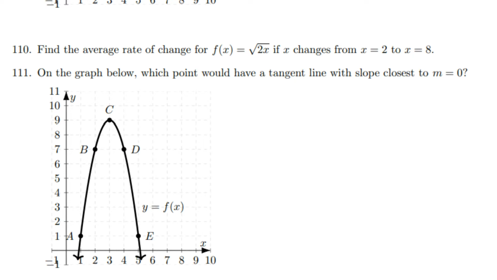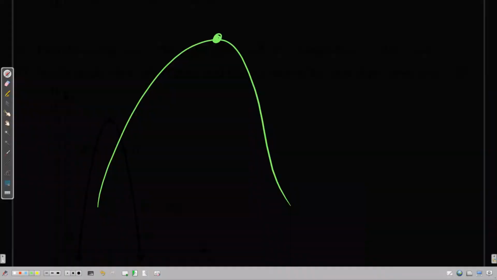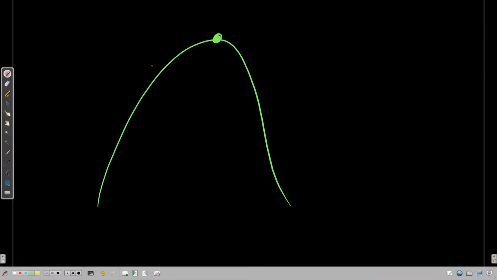Well, that's got to be the point that's at the vertex of that parabola. Because just to the left of it, the tangent line had a positive slope, and just to the right of it, that tangent line had a negative slope, and right at the tippy top, the slope of that tangent line is 0.